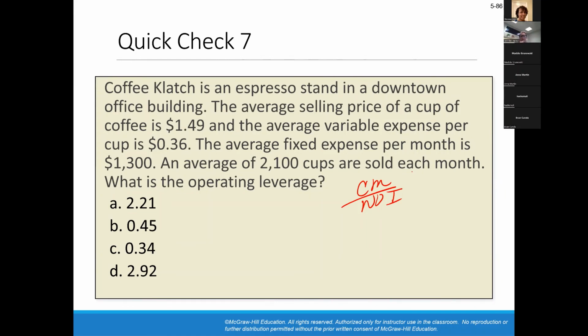Okay, so we never calculated out the net operating income, so we need to do that. So let's look at our sales. We had $1.49, a variable expense of 0.36. And what was our quantity? Our quantity is 2,100. It's given to us.